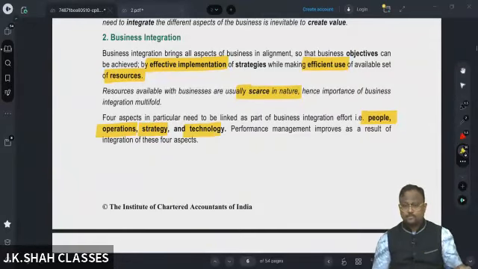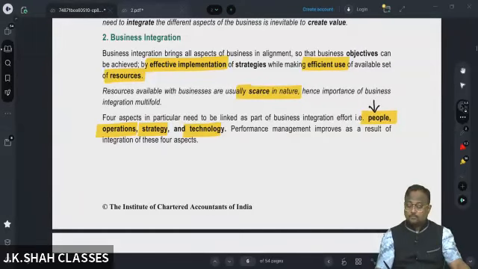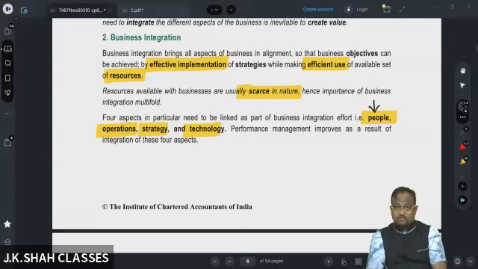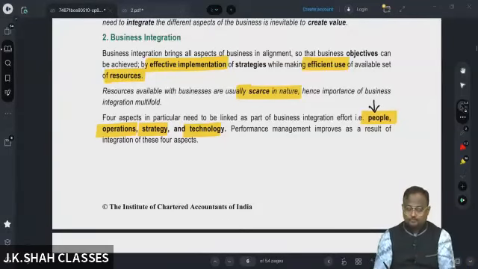I can give you one simple example. If you take the example of a corporate, or if you take the example of a bank, satisfaction of customers and motivation for employees are the two major factors when you talk about people. That depends on operations.